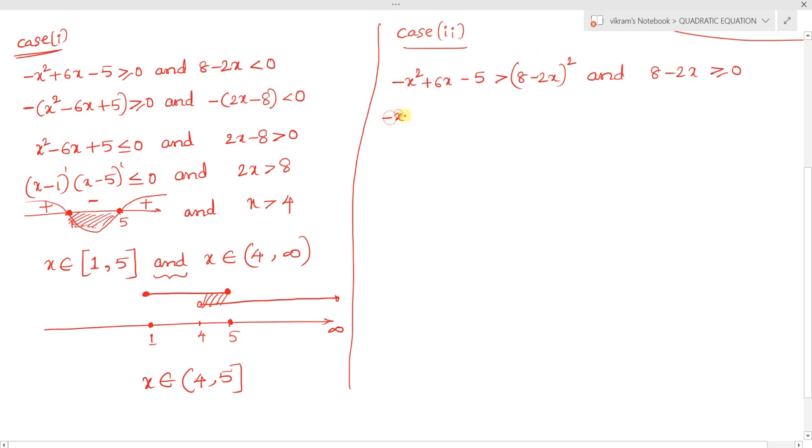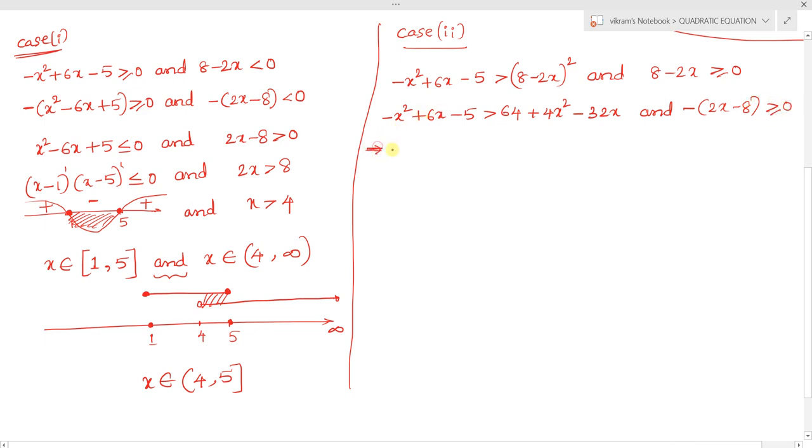Minus x squared plus 6x minus 5 is greater than 64 plus 4x squared minus 32x. If we take minus as common, we can write minus of (2x minus 8) greater than or equals to 0. Now try to simplify this.